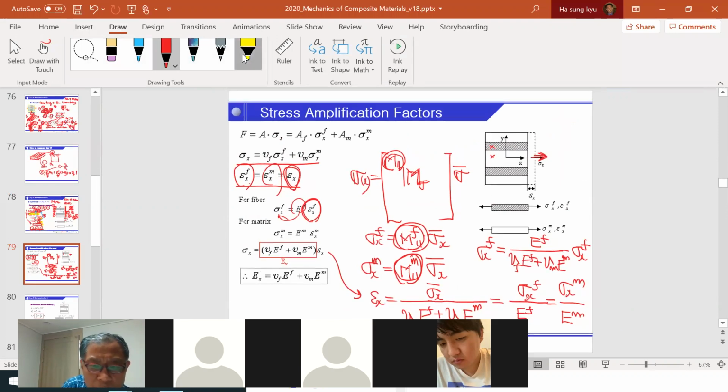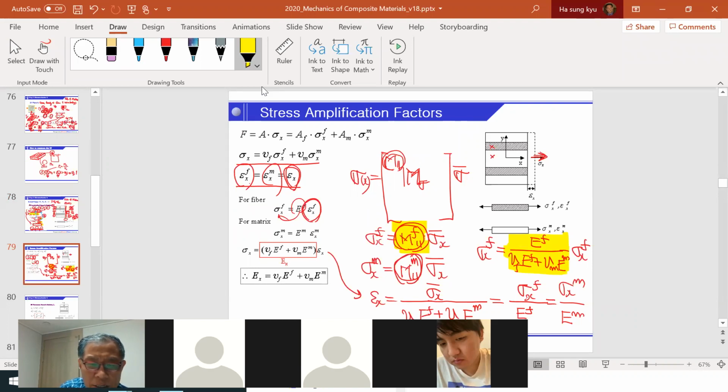As you can see, this is the term relating the stress amplification factors, and it is analytically derived in terms of fiber property, resin property, and fiber volume fractions.